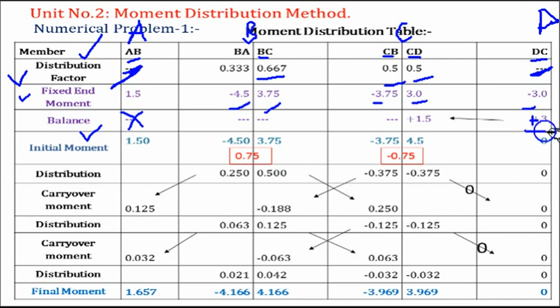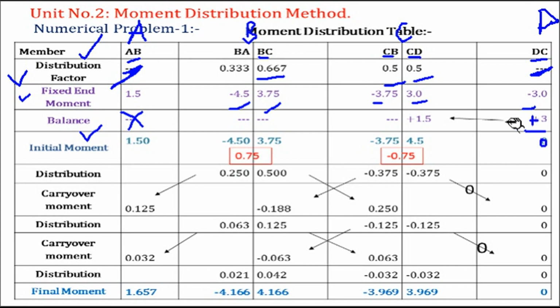So we will get 0 end moment because the end is simply supported. When the end is simply supported, the end moment remains 0. It may be roller or it may be hinge support. So to make it 0, you have to take the opposite sign and the same magnitude. So it becomes 0 now.